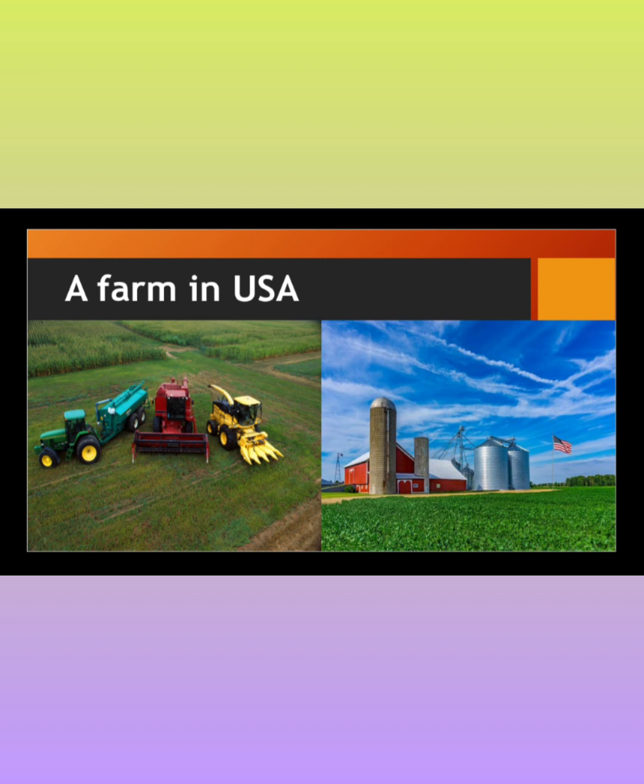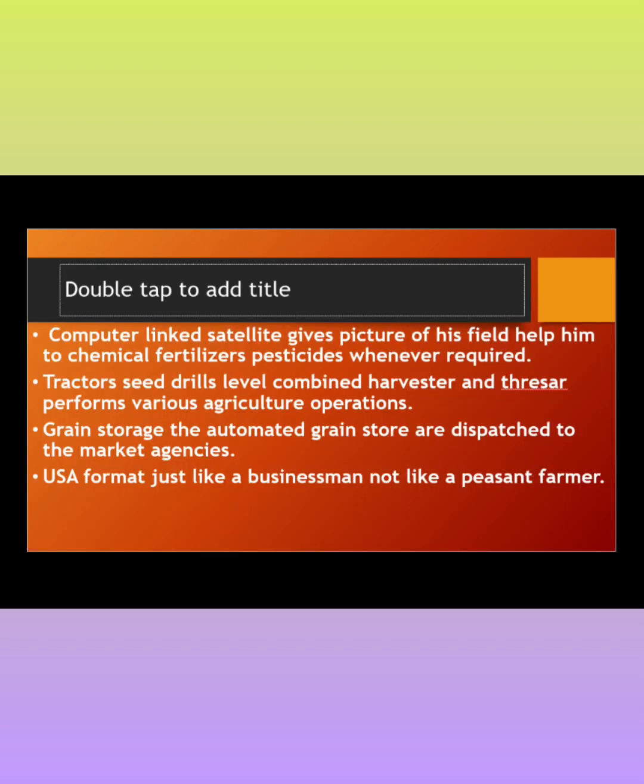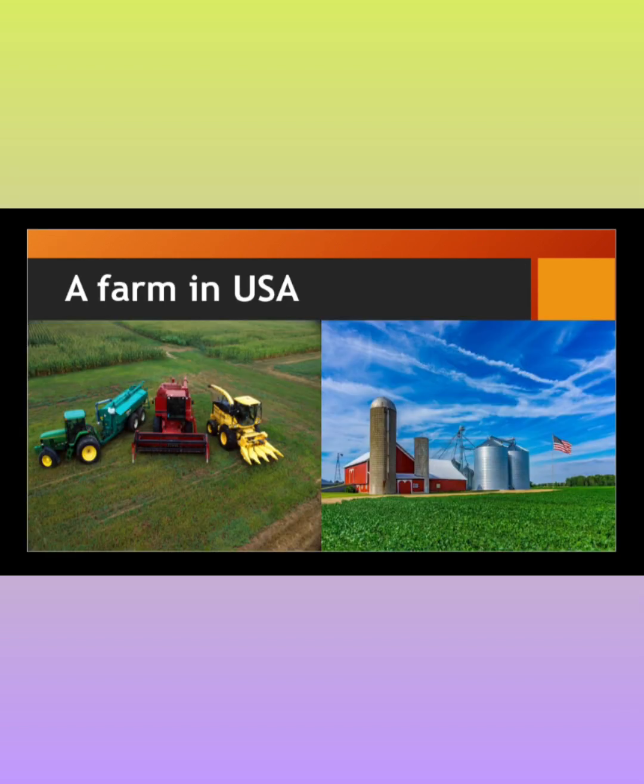From time to time he sends soil samples to a soil testing laboratory to check whether the nutrients are sufficient or not. His computer is linked to the satellite, which gives him a perfect picture of his field.